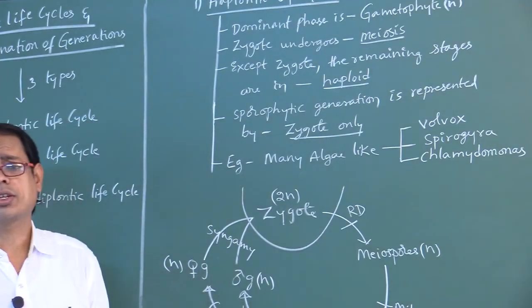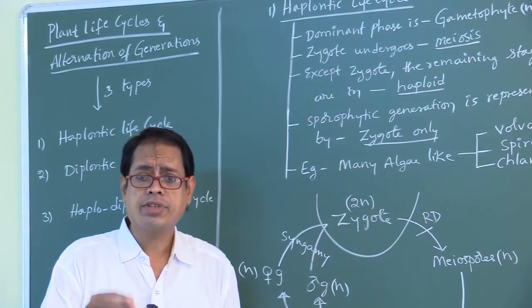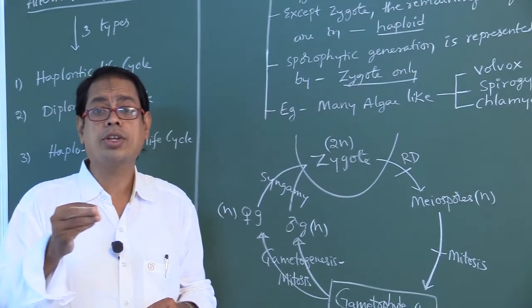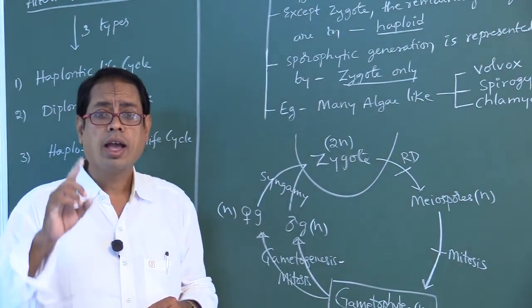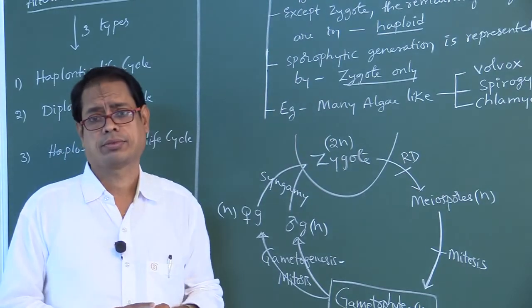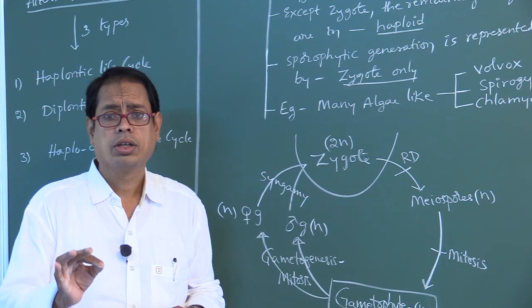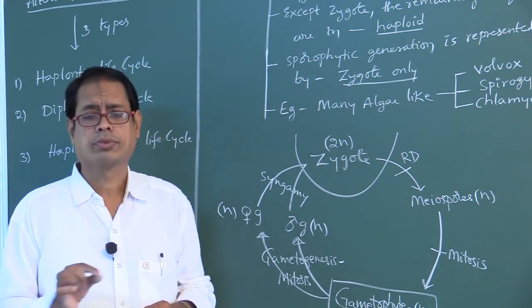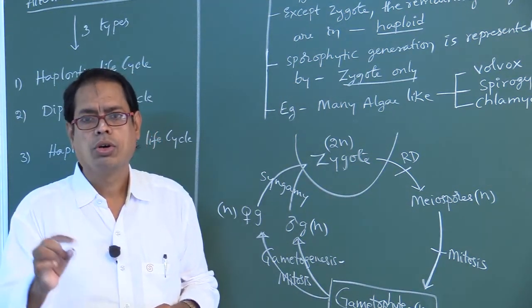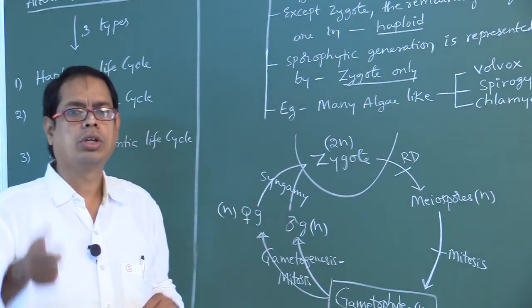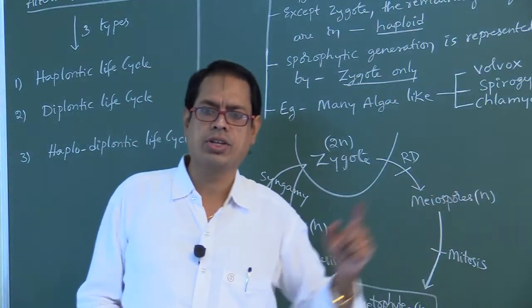Few questions, my dear students. Haplontic life cycle found in algae. True. Majority of algae show which life cycle? Haplontic. Algae show only haplontic life cycle: False. Algae show all the three types of life cycles.